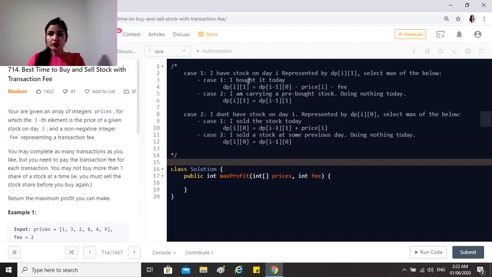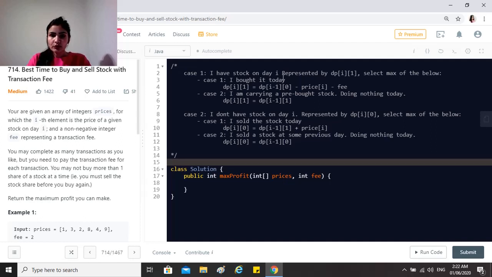I'm using dp of i to represent this, with two possible values: that I have 0 stocks or I have a stock on that day. So we represent them using dp of i 0 and dp of i 1, and that is why we'll be creating a two-dimensional array of size length of prices by 2, because we only have two possibilities, either we have or we don't have, right?